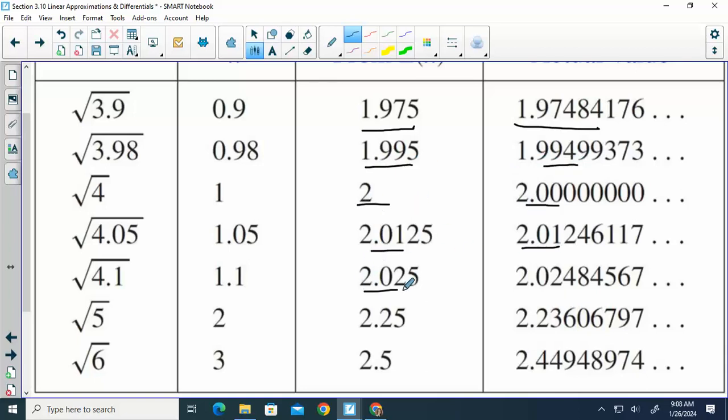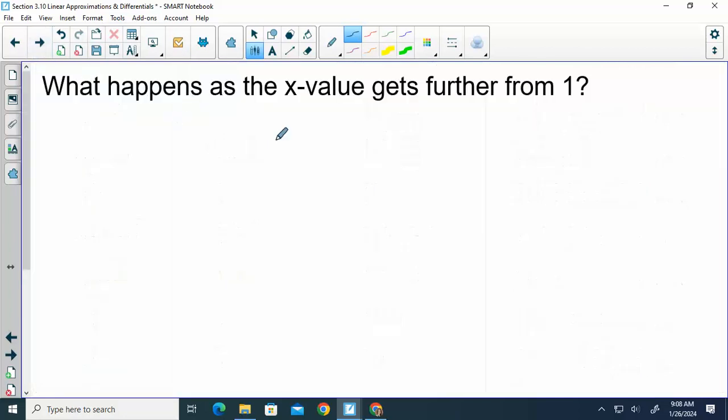What happens as we get further away, like when I do the square root of 5 or the square root of 6? There's a bigger difference between the actual and the approximation. So when our x value gets further than 1, the estimate is further from the actual value.